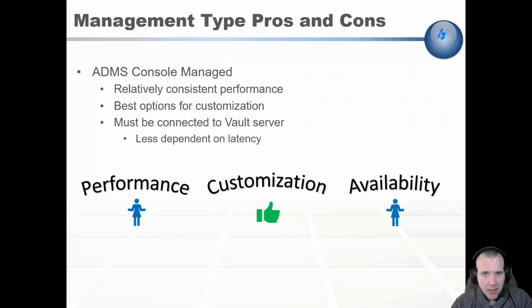Now, availability is still potentially a concern, especially because if you're working from home, you still have to be connected to a VPN. But again, it's a different means of communication with these databases, and so it's going to be less dependent on latency. And so in my mind, there are really two options.